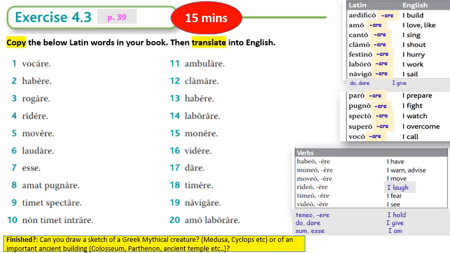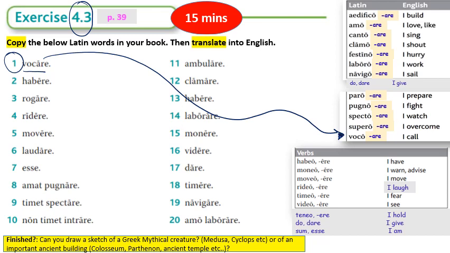Now, I want you to take 15 minutes to do exercise 4.3, but I want to do a couple of examples first with you. It says, copy the below Latin words in your book, then translate into English. I'll do number 1 and another example with you. Vocare. Voco means I call.